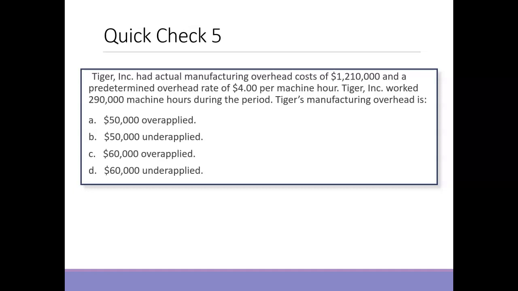How about this one, guys? Tiger has manufacturing overhead cost of $1,210,000 and a predetermined overhead of $4 per machine hour. Tiger worked 290,000 machine hours. So Tiger's manufacturing overhead is what?